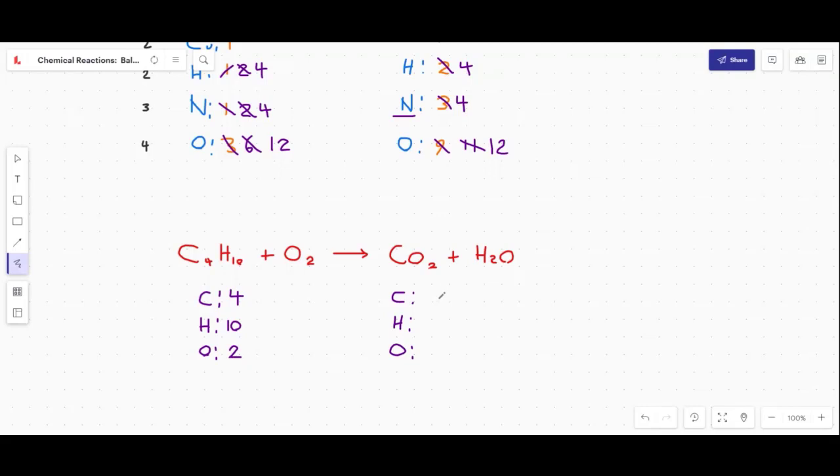And then how many on the product side? How many carbons? 1. And how many hydrogens? 2. And then how many oxygens? 3.